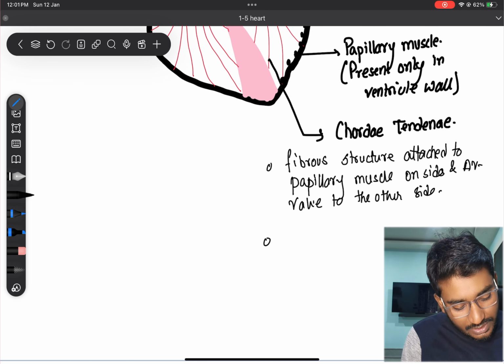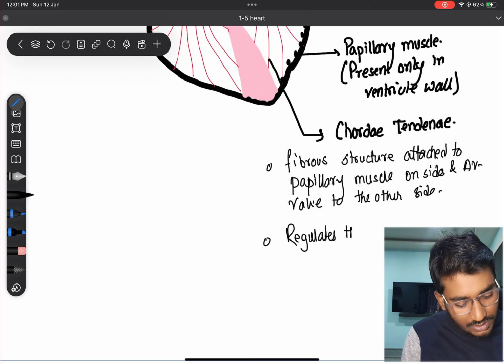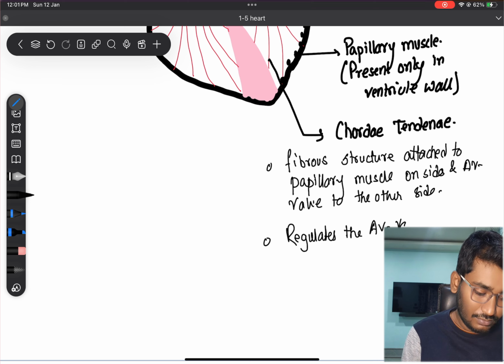And what is the function of the chordae tendineae? It regulates the AV valve.